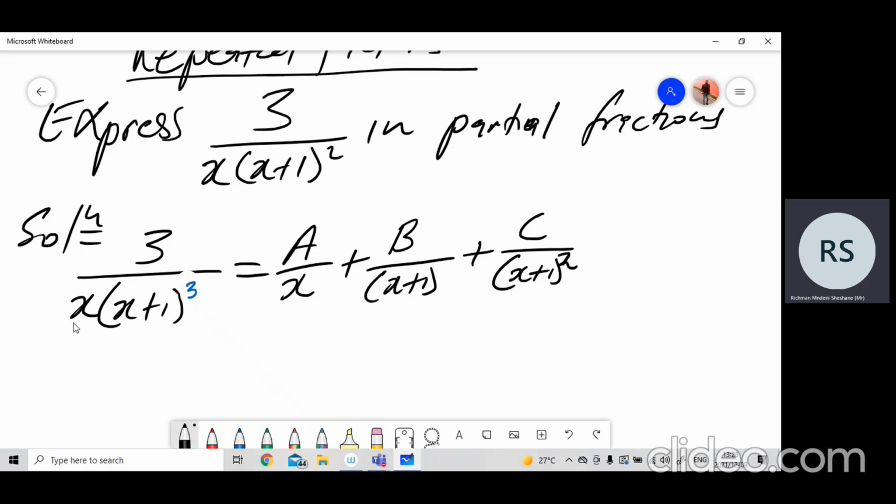We started with this linear x. It gives us a constant over that linear, and then x plus 1 to the power of 3. It's a repeated factor, x plus 1 times x plus 1 times x plus 1.